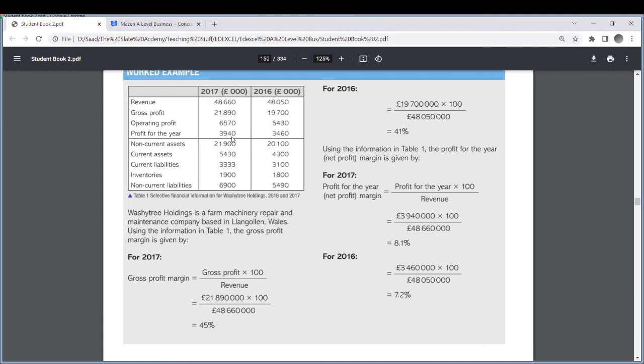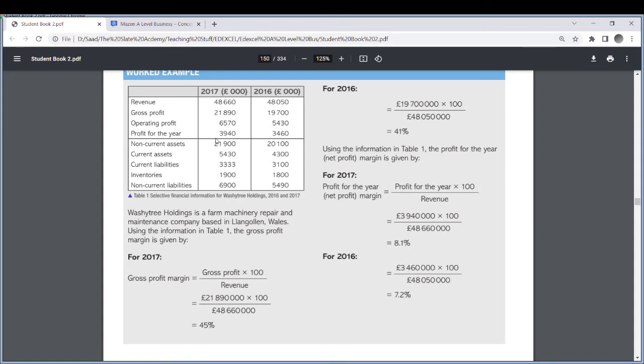Both profits and profitability have increased. Previously profits were 3460, now they're 3940. So profits have increased in number and as a percentage. Maybe to finance this expansion, they have borrowed some more money, which has deteriorated their gearing ratio.